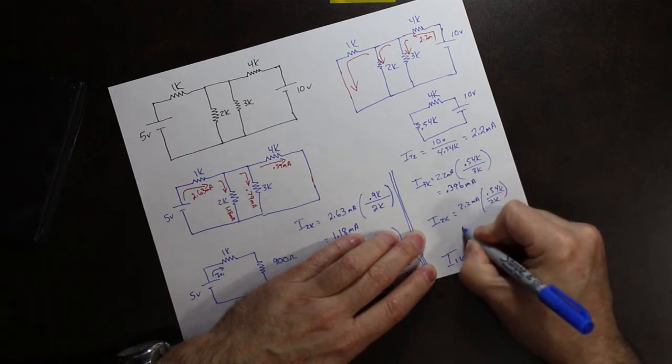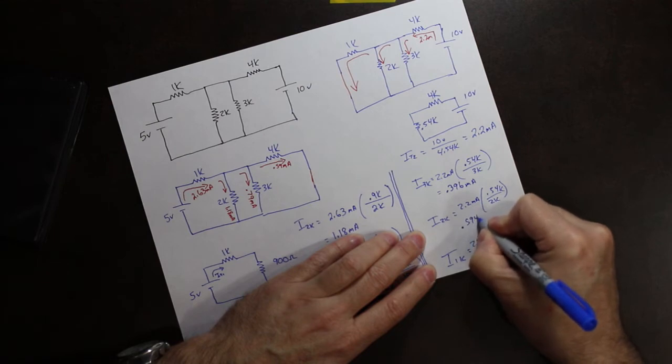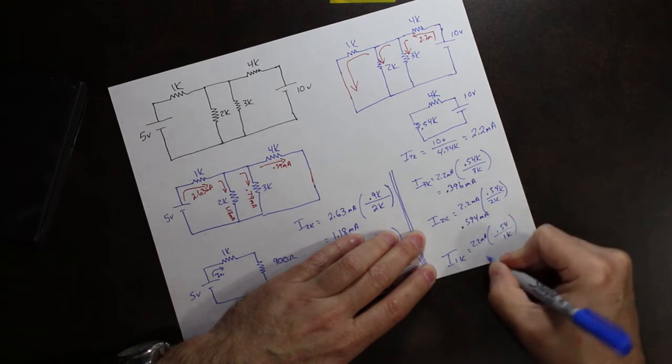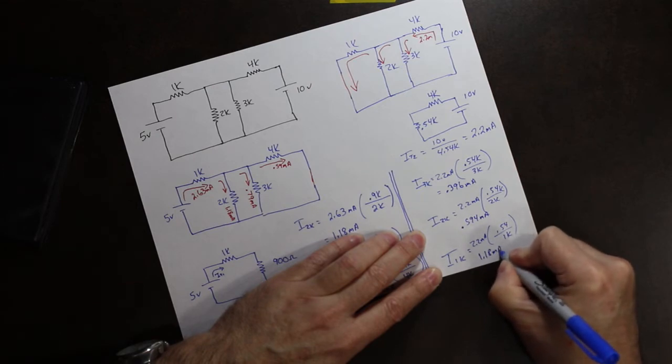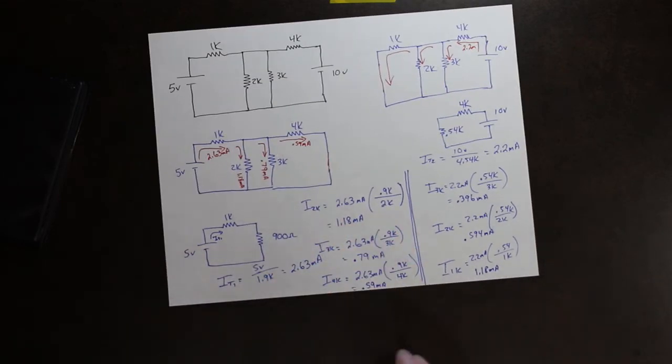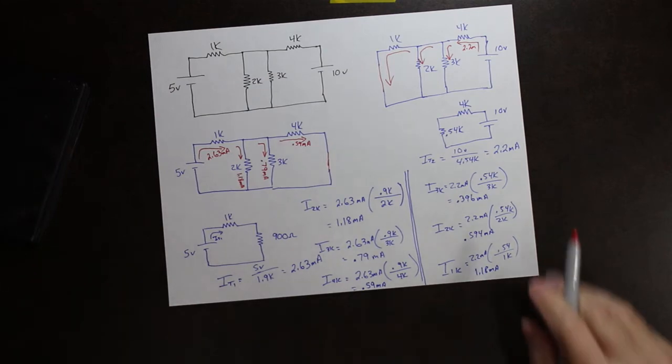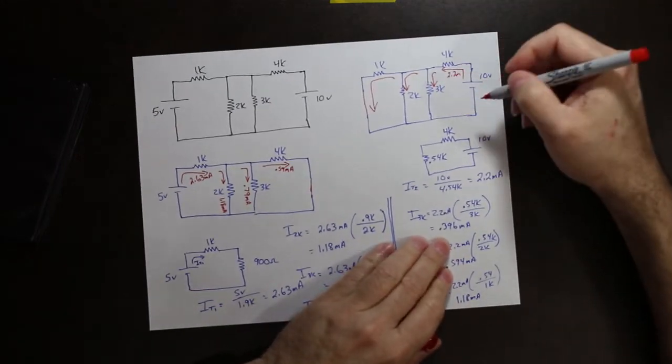This one works out to be 0.594 milliamps, and this one works out to be 1.18 milliamps. So now we're going to plug those magnitudes up into the circuit.